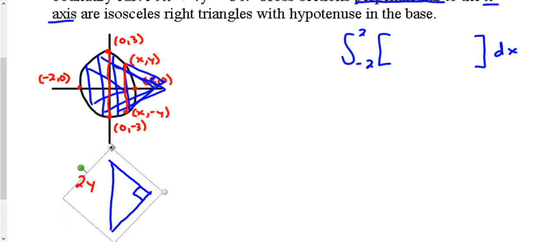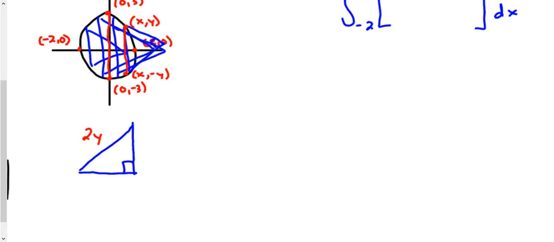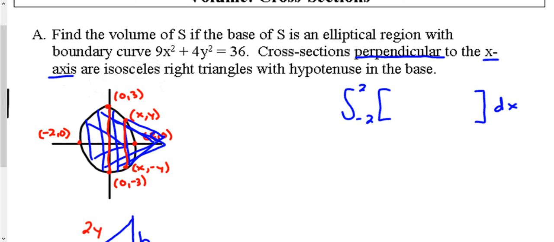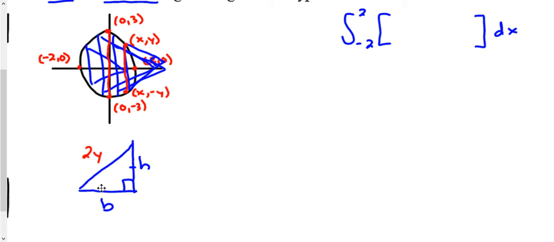Now, if I take that and put it back like this again, because I like looking at it like this, I'm going to call this the base of the triangle and this the height of the triangle. In a right triangle, the legs are the base and the height. Now, it said it was an isosceles right triangle, so that tells me these two sides are the same.